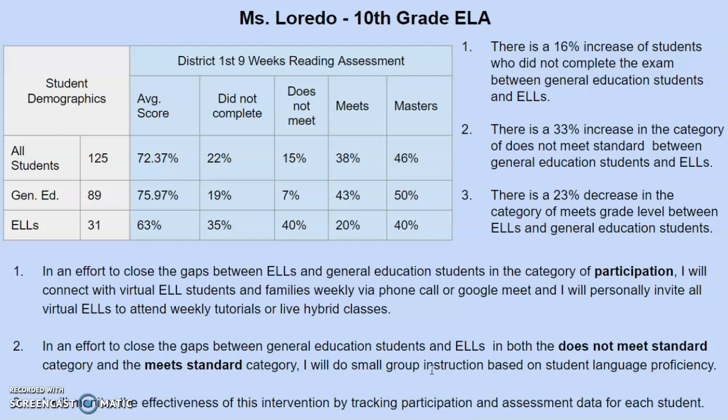So I'm going to create a Google Sheet that lists out all of my ELL students, and I am going to track their participation and their individual assessment data to see if this is working or not.